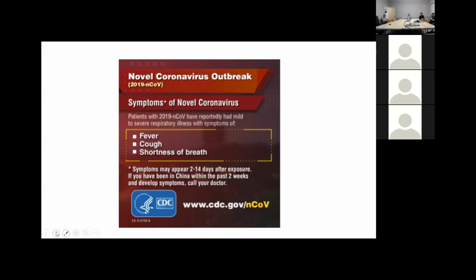Okay, I'm going to shift gears a little bit to talk about the clinical manifestations. When this virus was first reported, these were really the 3 hallmark symptoms: fever, cough, and shortness of breath. These were primarily markers of lower respiratory illness.